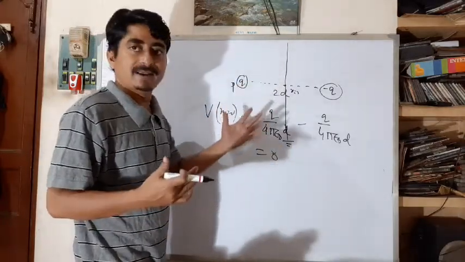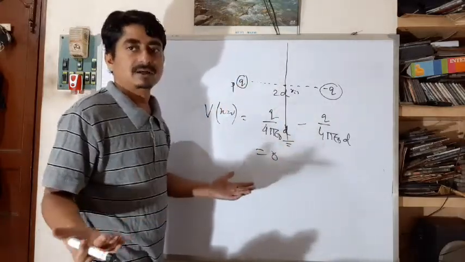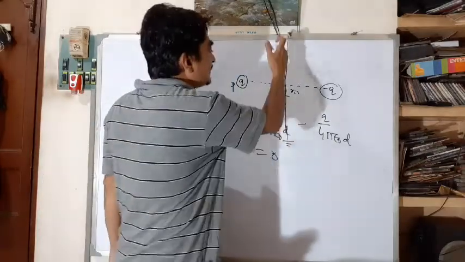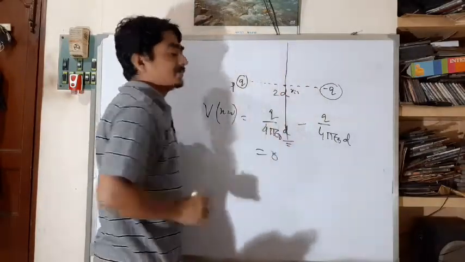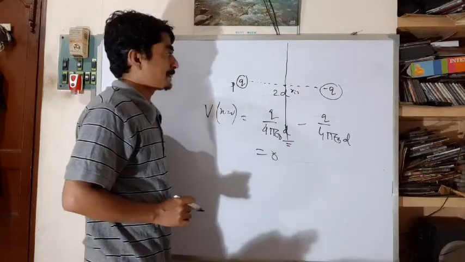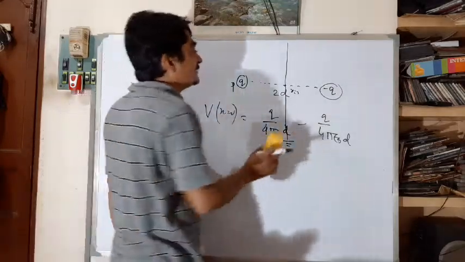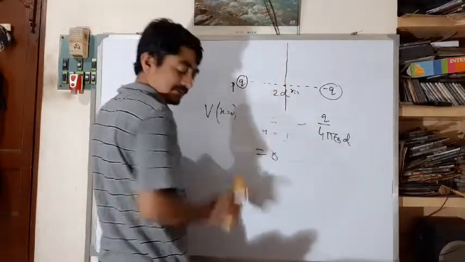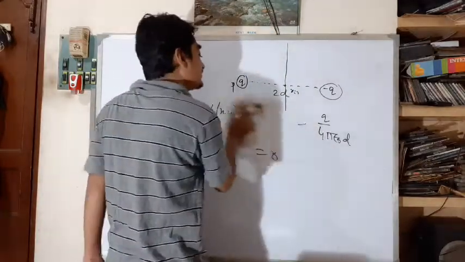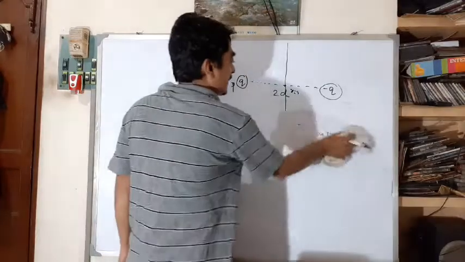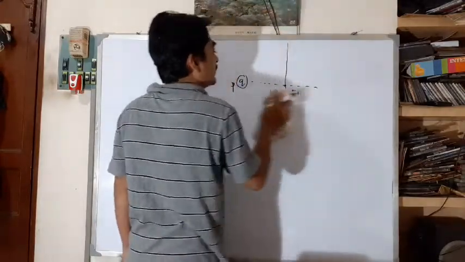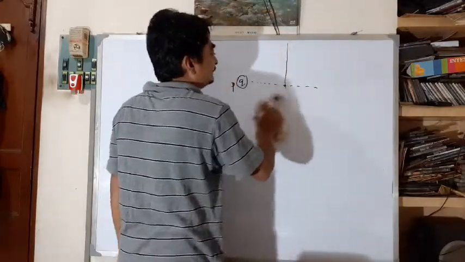There is actually no metallic or conducting plane, but we can think of a virtual plane which is virtually grounded. In an inverse problem, we can think that there is really a conducting plane which is really grounded. Now what will happen if we don't consider any charge over here?